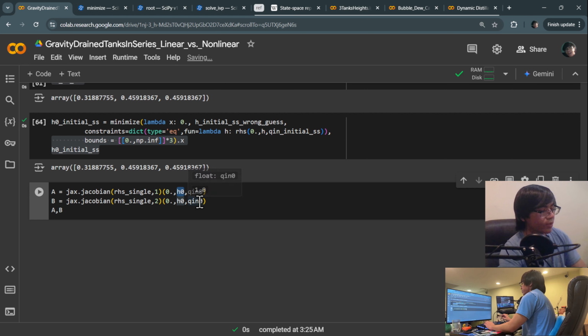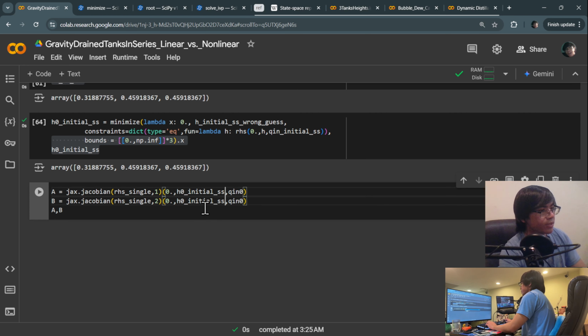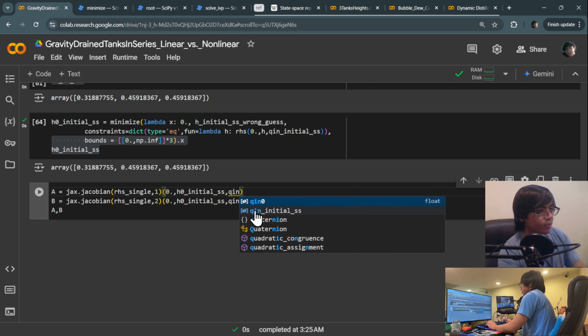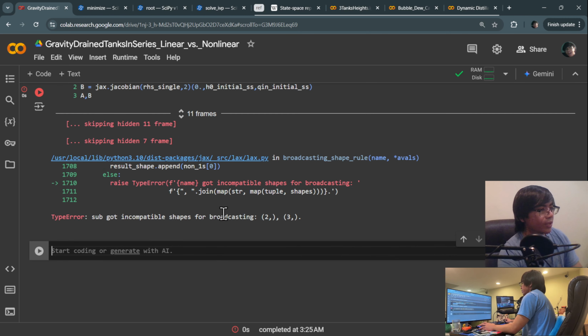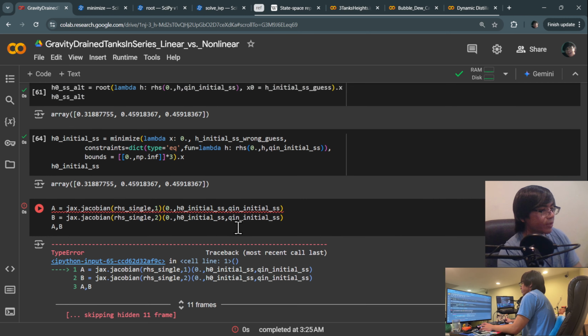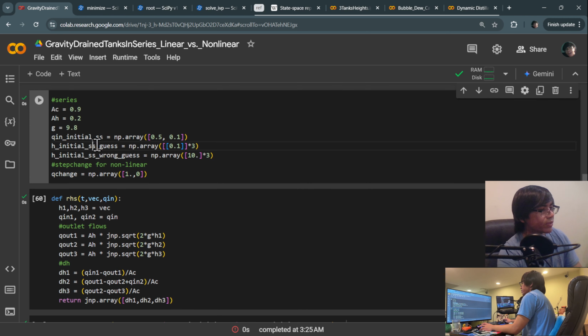So I can do a multi-cursor: H naught initial steady state, and Q in initial steady state as well. So hopefully this works. Oh man, what do we got?